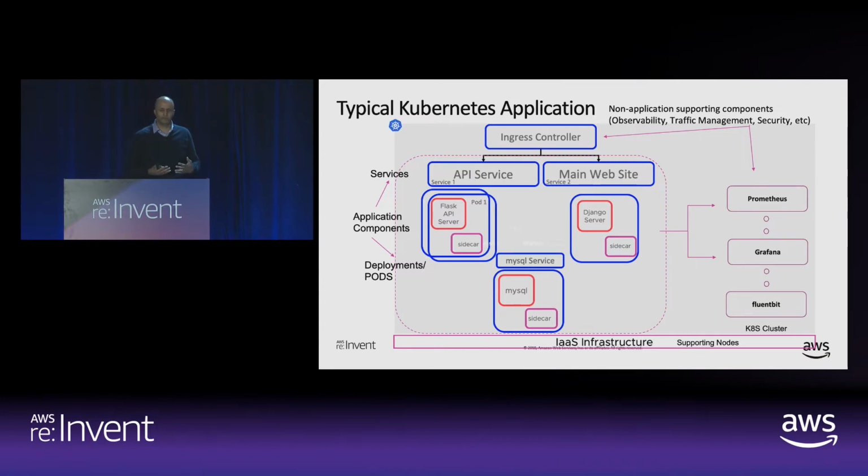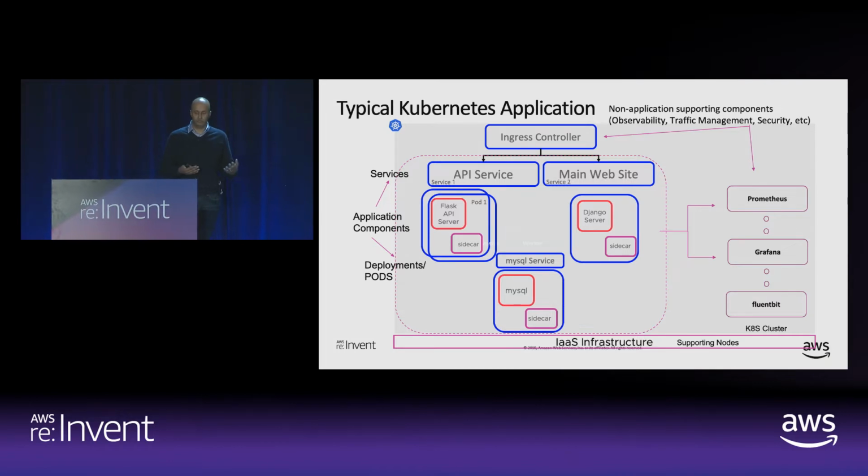There's several different components. The main component of the application is obviously, first of all, it's running on a cluster, right? A Kubernetes cluster, which is made up of several nodes, right? Or machines, could be virtual machines. And inside of those virtual machines, you're going to have what we call deployments or pods, right? And these pods are the components of your applications, right?